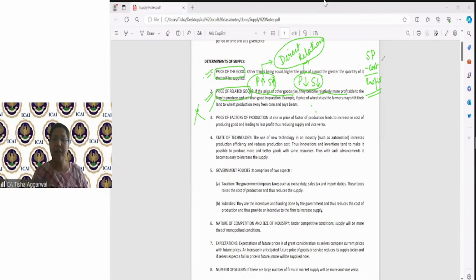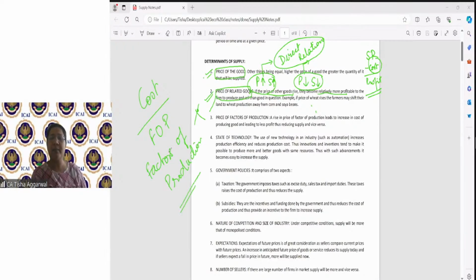So if I talk about the cost, meaning the factors of production, the moment the factors of production become expensive, cost is going to go high. If cost goes high, profit will reduce. If profit reduces, supply will also reduce. Can I say cost and supply are oppositely related?